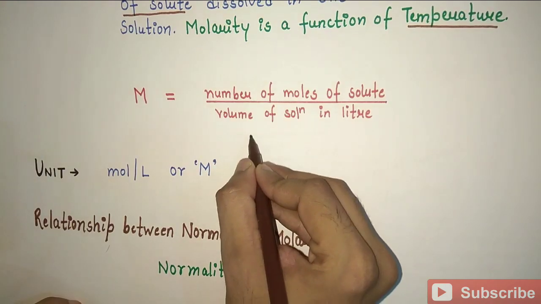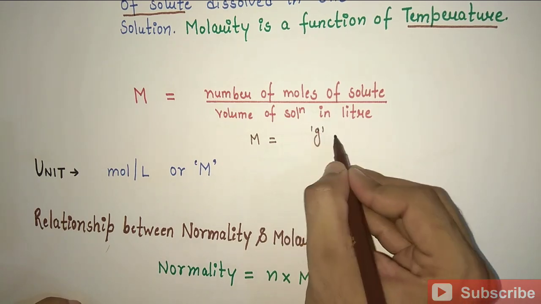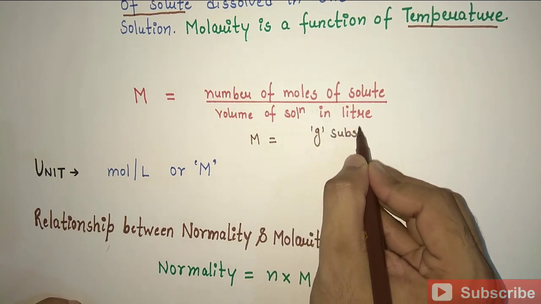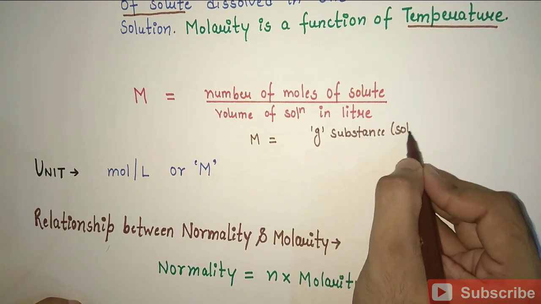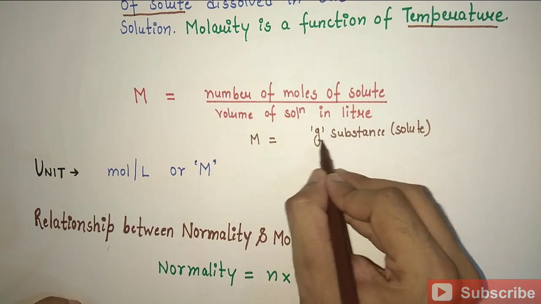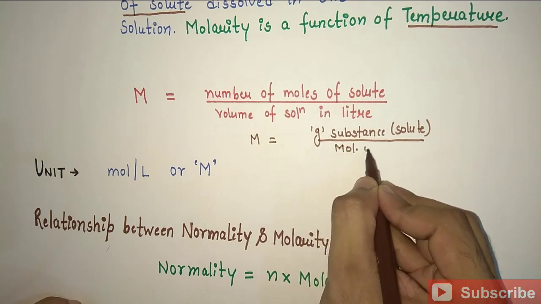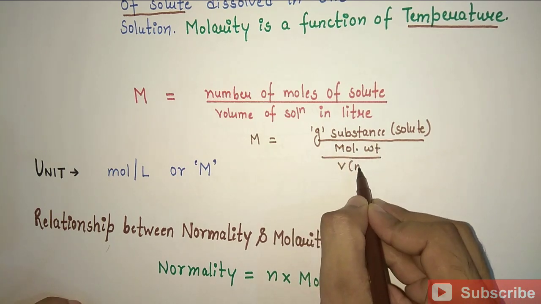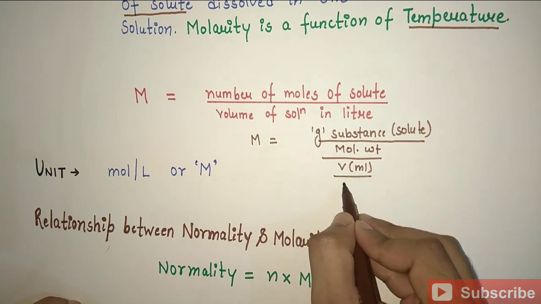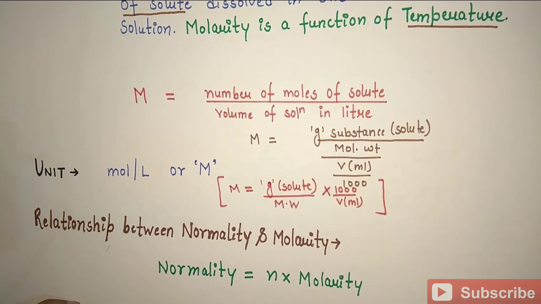So it can be written as M is equal to the weight of solute in gram divided by the molecular weight, and if the volume is in ml, then we convert it into liter by dividing by 1000.